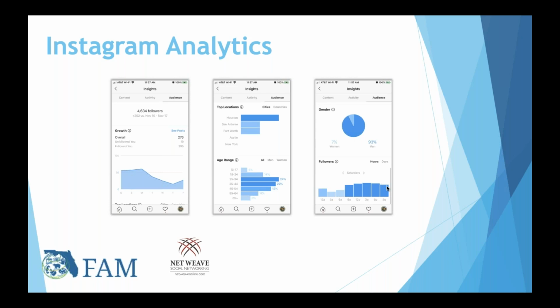It's not necessarily telling you the people who engage with your content the most. It's just telling you when your audience uses it the most. But again, it's all very similar data. It's just a matter of where to find it. So unfortunately, not a lot of complexity or nuance to Instagram analytics, just more a matter of where to find the things that are common among all these platforms.